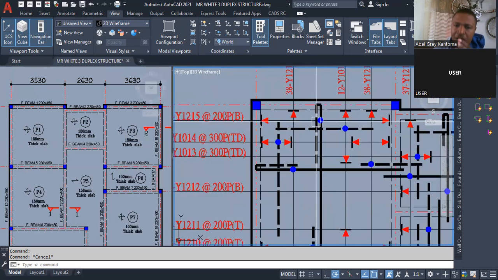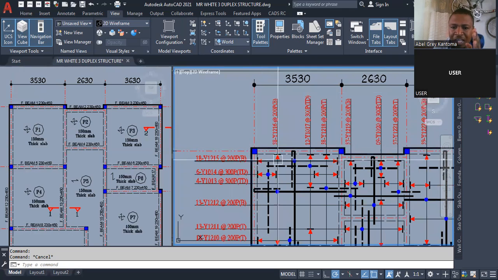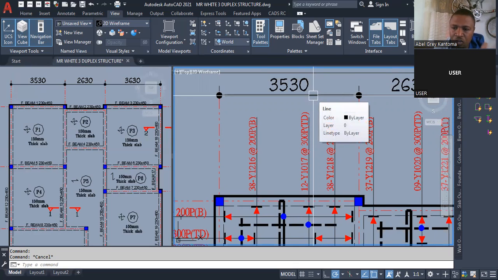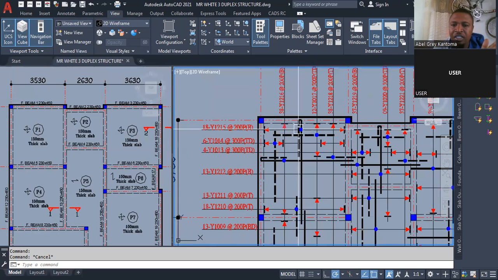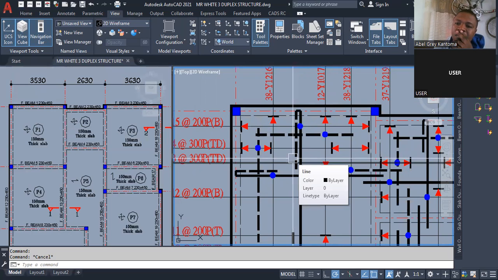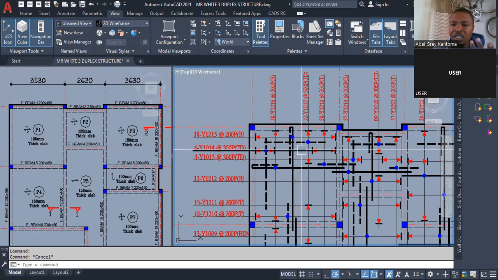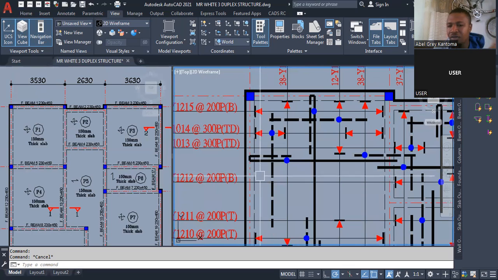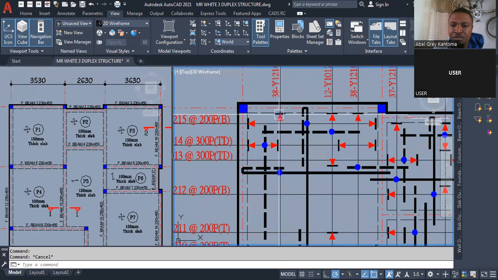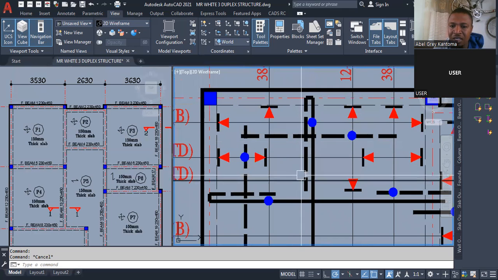Yes, sir. So for this span as well, from here to here is 3,530. If you divide 3,530 by 4 in your calculator, that will be the return for this one as well. Do you understand? Yes, sir. So when you are doing your detailing manually, sometimes if I want to make my work a bit faster, I don't have to start measuring the return here.